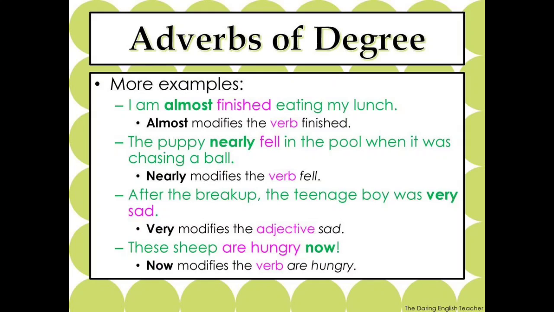Next sentence, these sheep are hungry now. Now is the adverb of degree that modifies the adjective hungry. Children, let's see some other examples for adverb of degree. First one, I am almost finished eating my lunch.